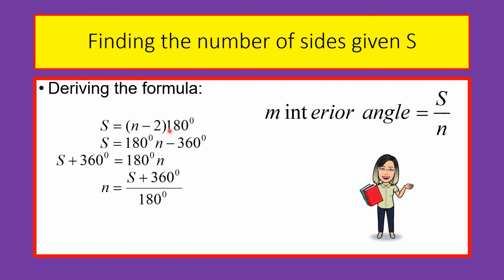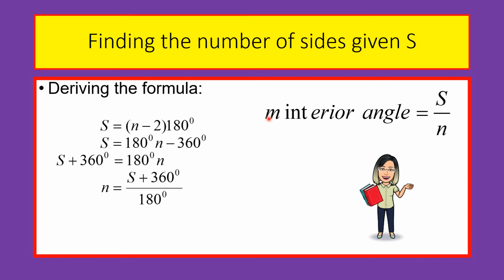So n times 180 is 180n. 2 times 180 is 360. So we have S plus 360 equals 180n. Solving for n, n equals S plus 360 degrees divided by 180. That is the formula in finding n.